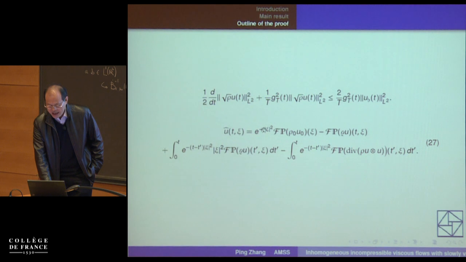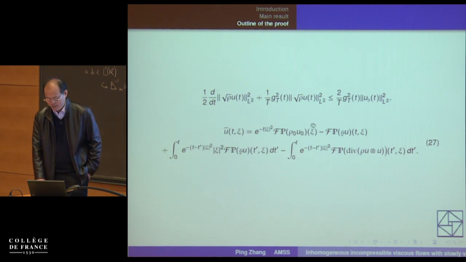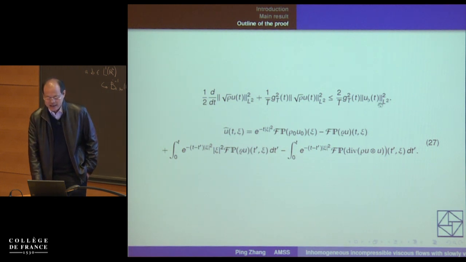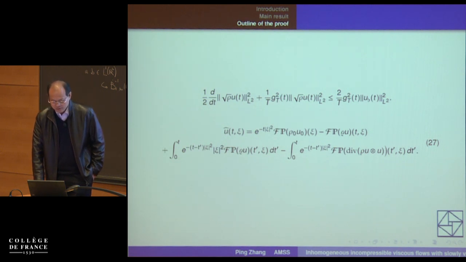In this way, as long as we have a good estimate for the initial data, these two parts are good for the low frequency part. Because of this new formulation, we have exactly the same decay estimate for the low frequency part. That's the reason we can get exactly the same optimal decay estimate as for the classical 2D Navier-Stokes system.